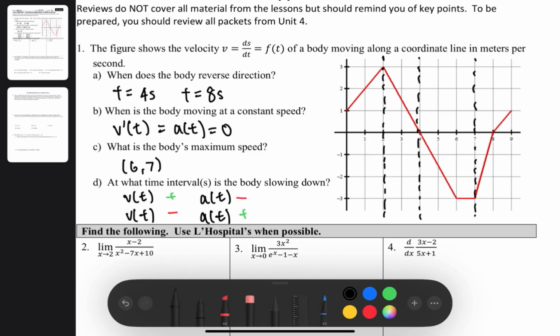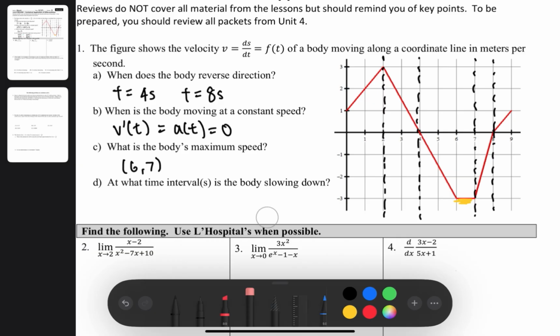And we're gonna skip this part right here from 6 to 7 seconds. And finally, our last special point is time equals 8 seconds, because that's when our velocity goes from negative to positive.